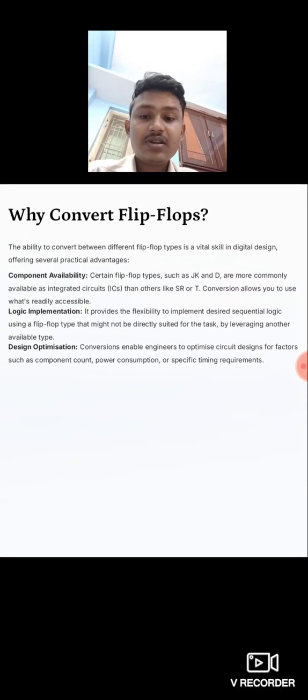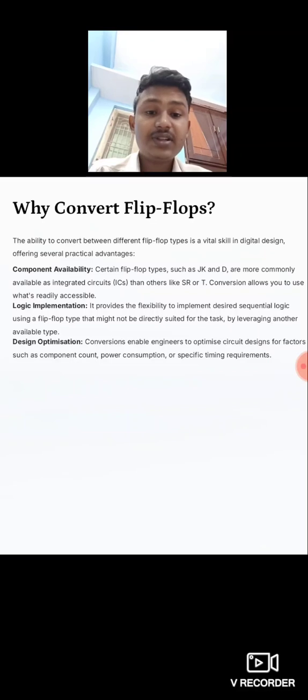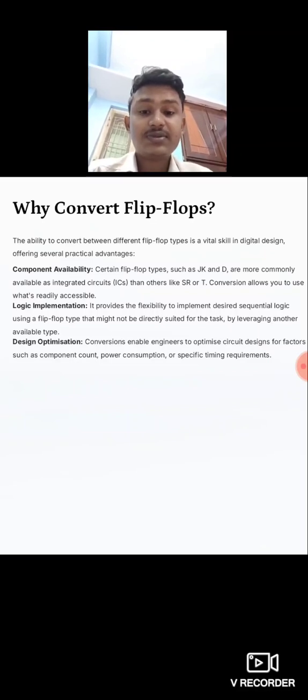Logic implementation: it provides the flexibility to implement desired sequential logic using flip-flop types that might not be directly suited for the task, by leveraging another available type.